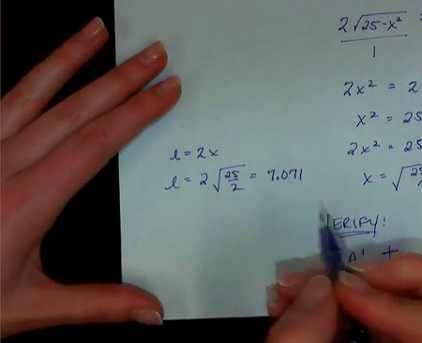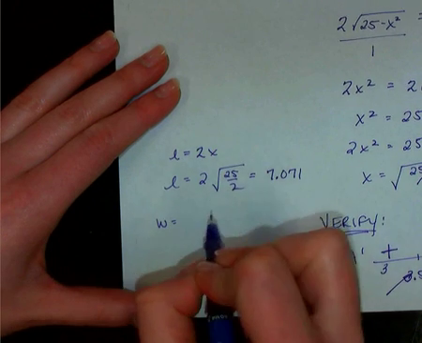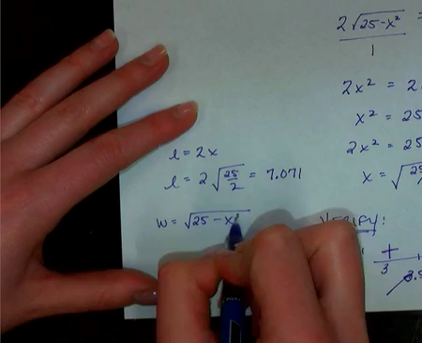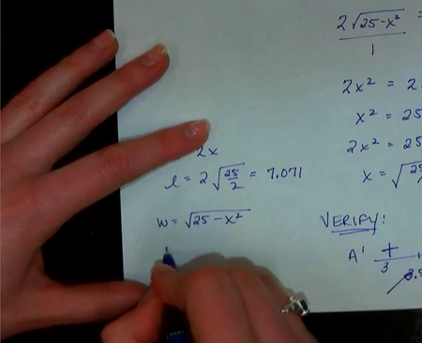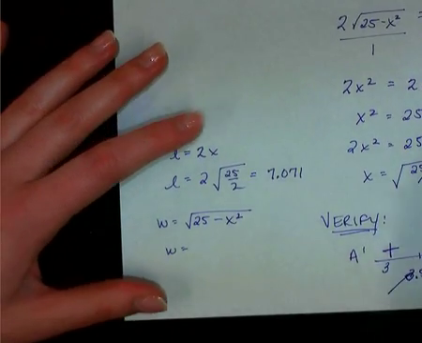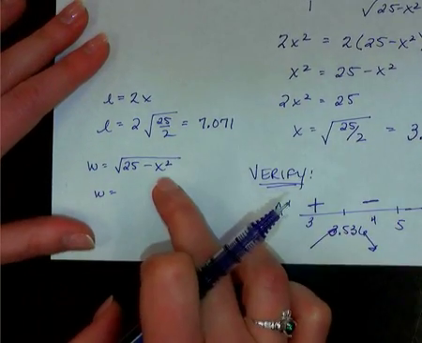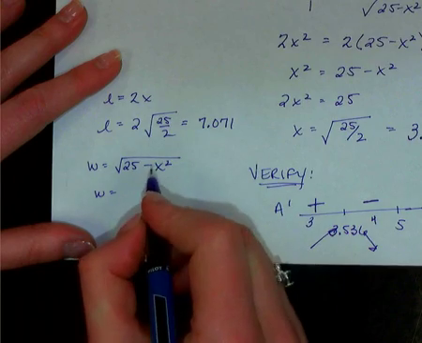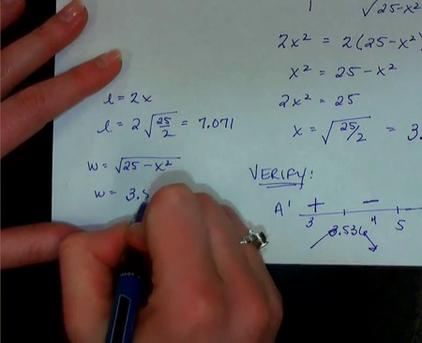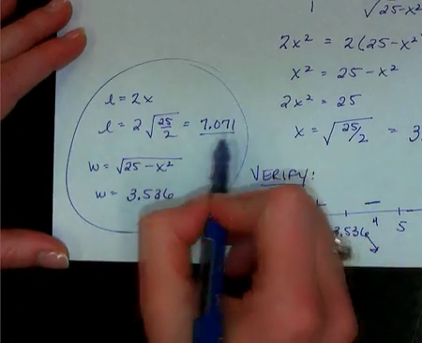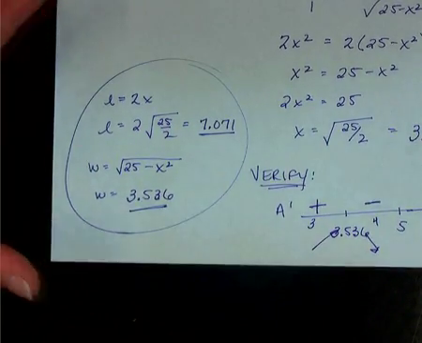And we said that the width is equal to the square root of 25 minus x squared. Therefore, if I sub in the value we found for x, you end up with 3.536. So those are your answers for the length and the width of our rectangle. Well done.